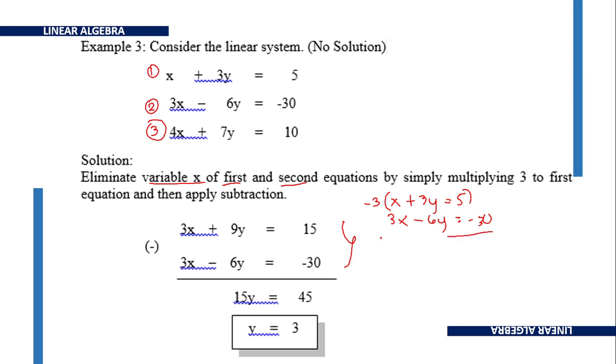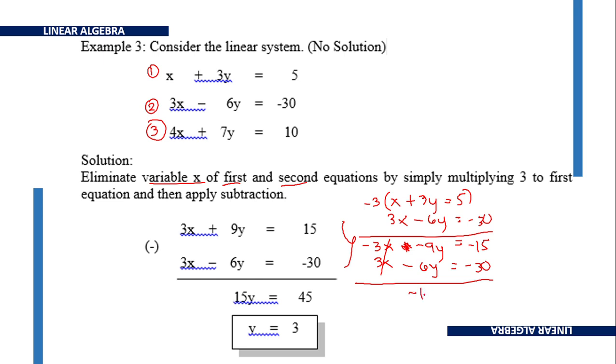Then, simplify. Negative 3 times x, negative 3x. Negative 3 times 3y, so negative 9y. Then, negative 3 times 5 is negative 15. Then, we have 3x, retain lang, minus 6y is equal to negative 30. Then, makakancel na siya.